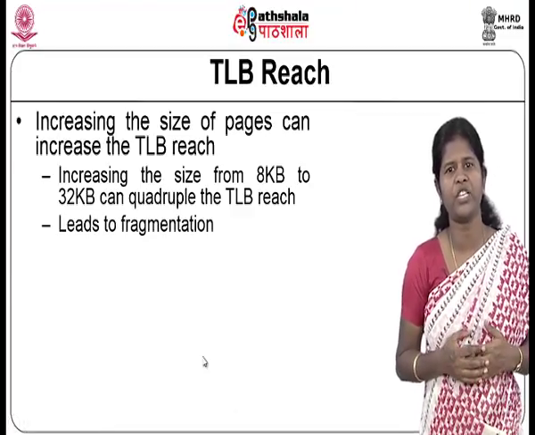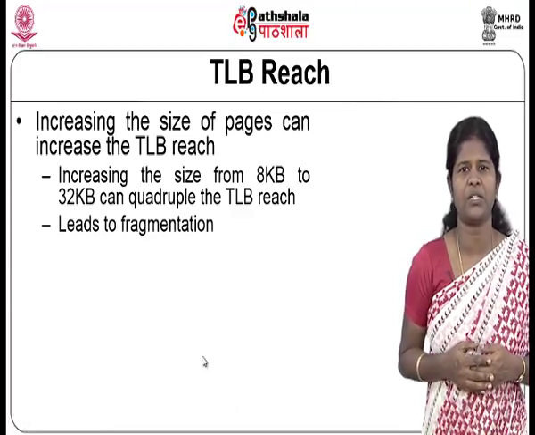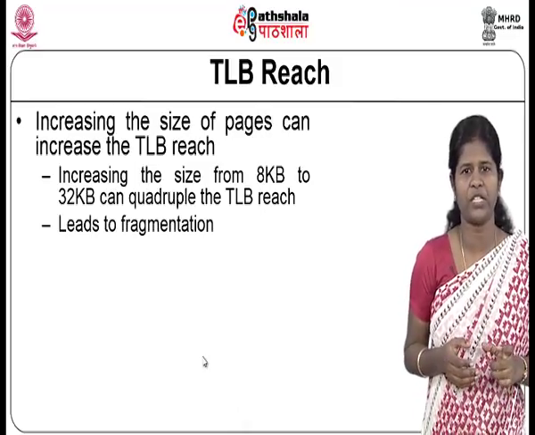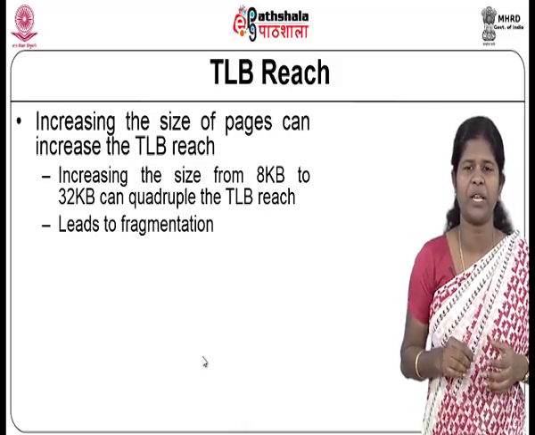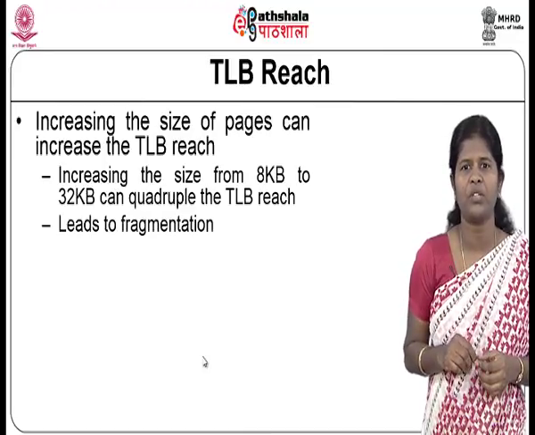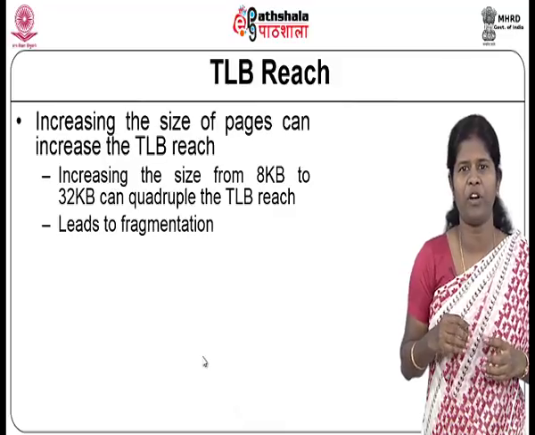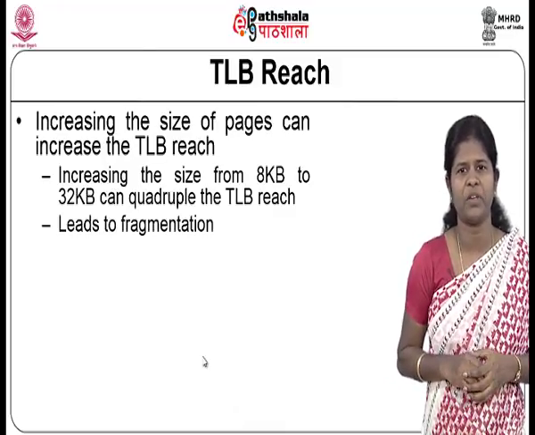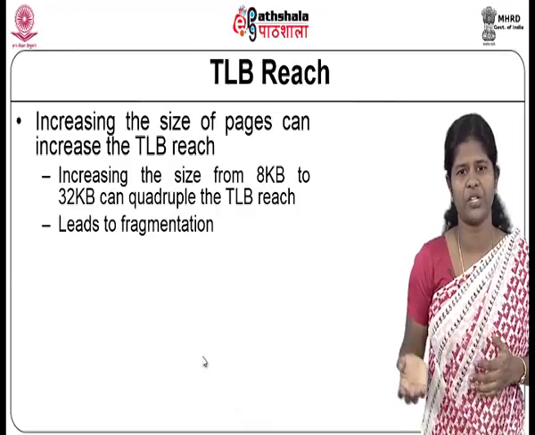And another way in which you can increase the TLB reach is to increase the size of pages. When you increase the size of pages, the number of pages will become small. So, you can have more information about pages kept in the TLB, and you can have a better TLB reach.